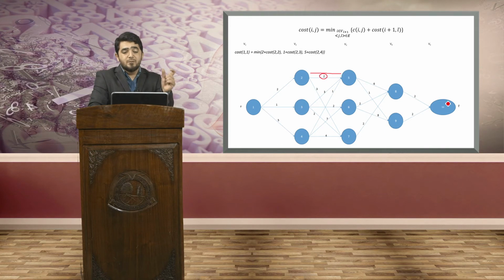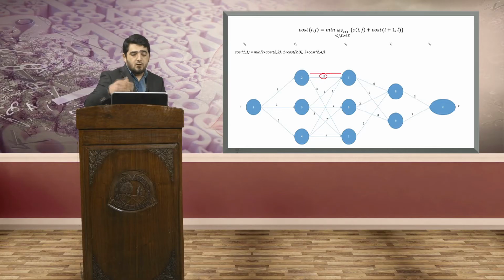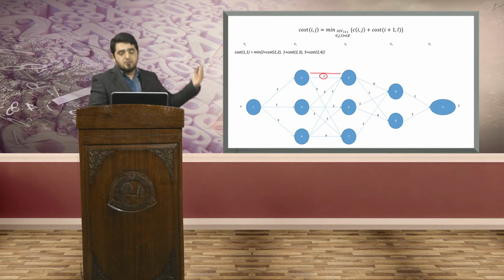So it will be the minimum of this 2 to 5 and 2 to 7, because there are only 2 edges from 2 to the next stage. This is how our recurrence will be created or solved one after another. Now the earlier example that I just showed you would be following the top-down approach.